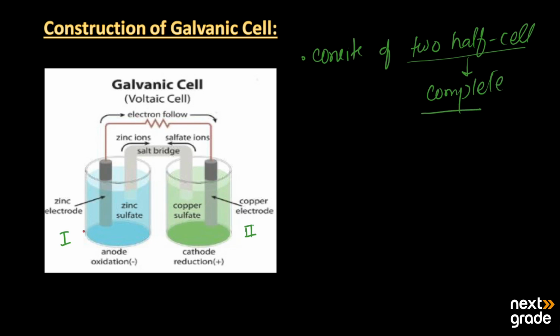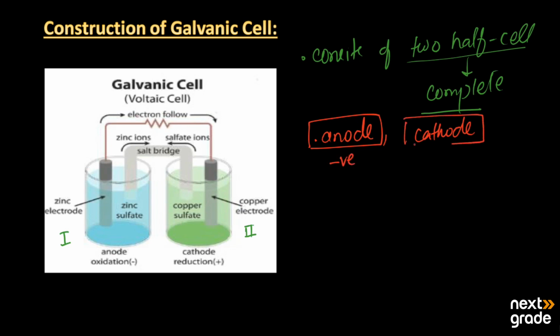Now one half cell works as the anode and the other half cell works as the cathode. The anode half cell carries a negative charge, and the cathode, which is the second half cell, carries a positive charge.